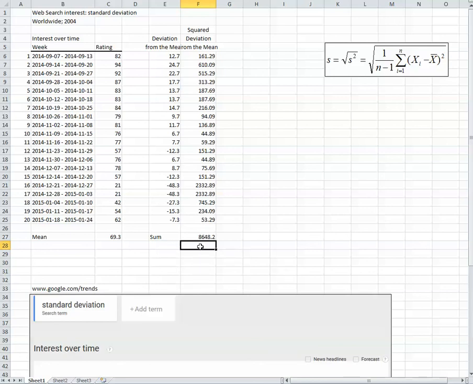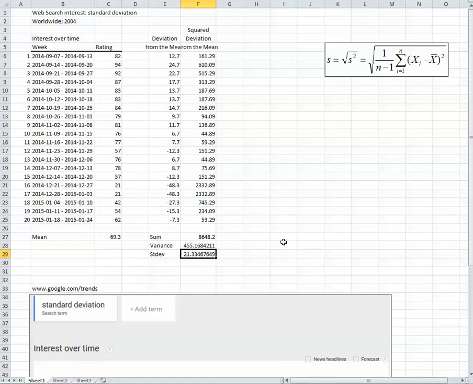So let's take that number and divide it by 19. What does that give me? Well, that number is the variance. Remember, before I take the square root in this quantity here, I'm getting the variance, and then the standard deviation should be the square root of that thing.